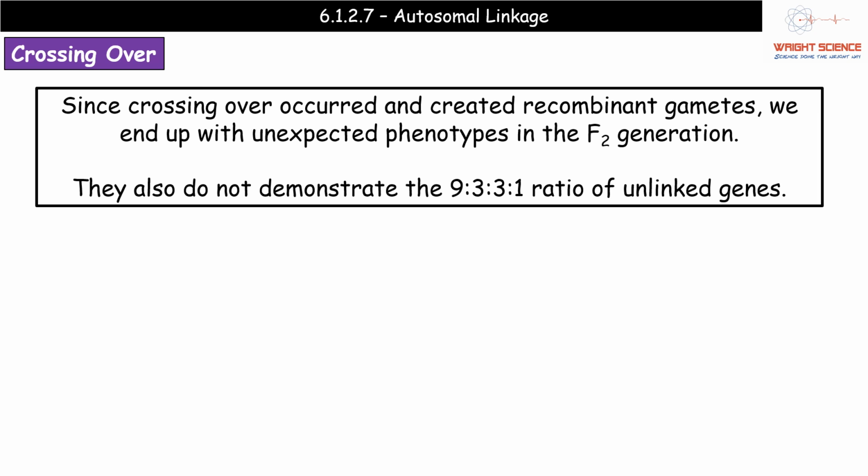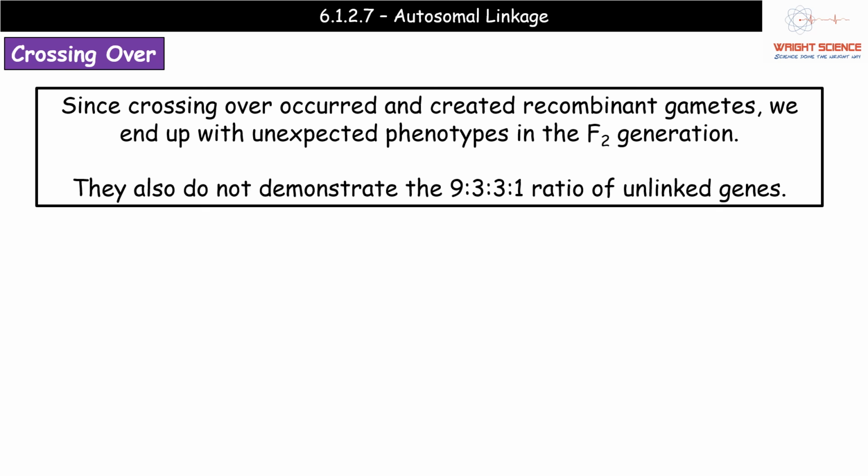If we've got this crossing over occurring, then we're not going to see that because we've now got new combinations of alleles to be inherited. So we're going to get some unexpected phenotypes cropping up. We're also not going to get our unlinked ratio of 9 to 3 to 3 to 1.